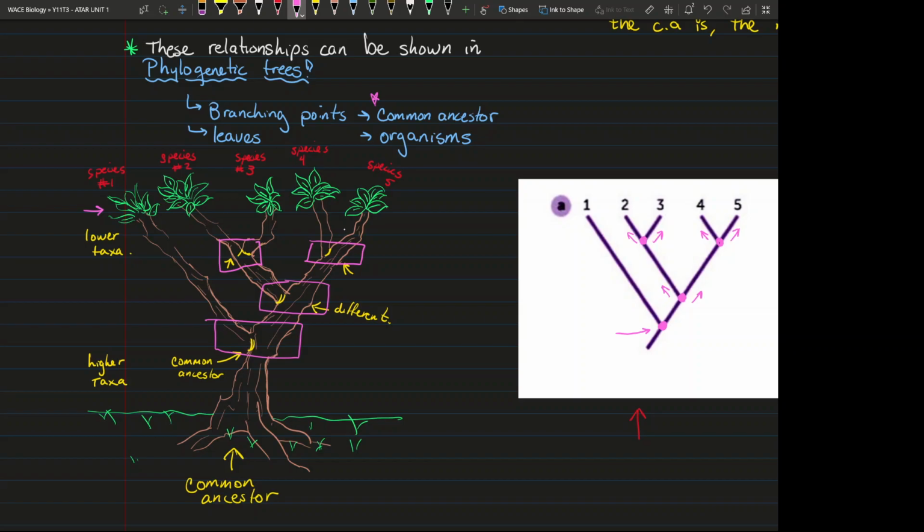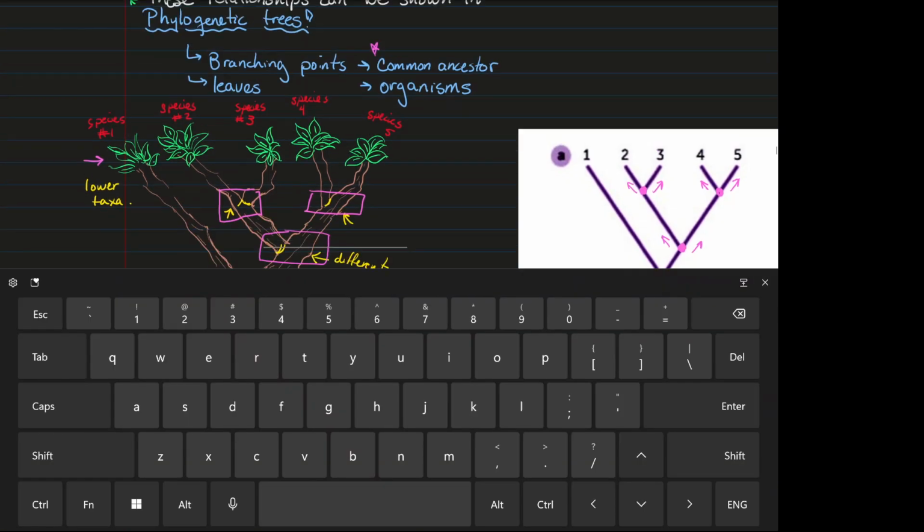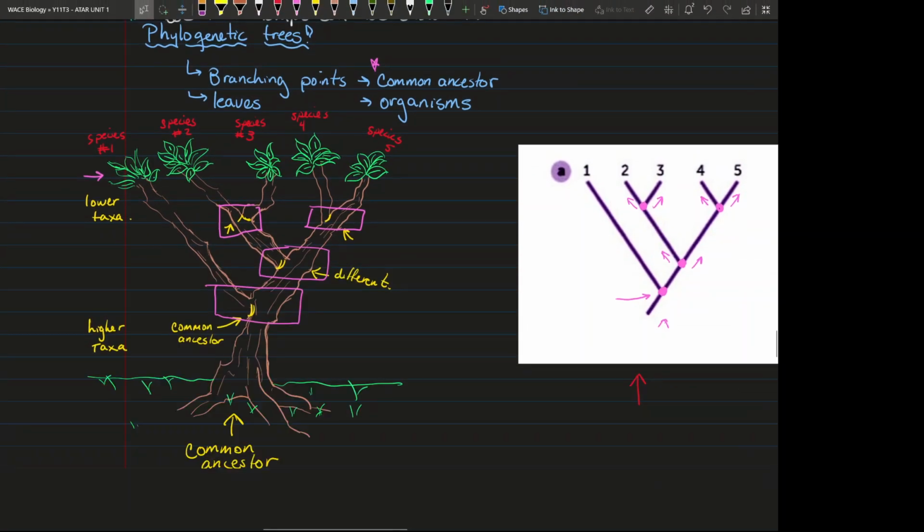And ultimately, this is not in your book, but that first common ancestor is actually referred to as the last common ancestor. You don't need to know that for now, but our first common ancestor is referred to as the last common ancestor, which is pretty much a bacteria, or a little simple eukaryotic cell, moreover. All right, so this is basically how you would show relationships.